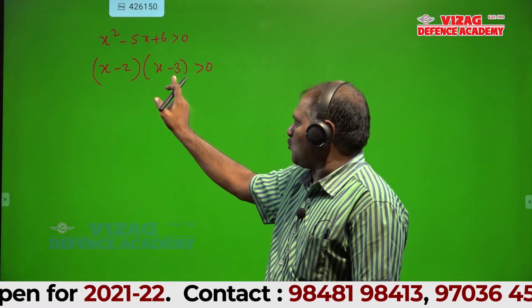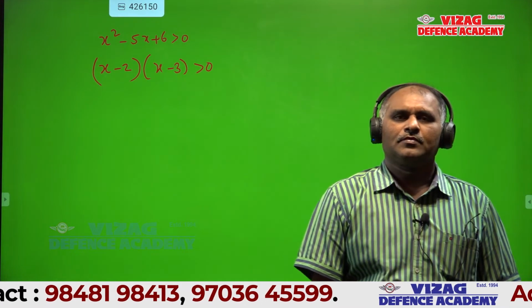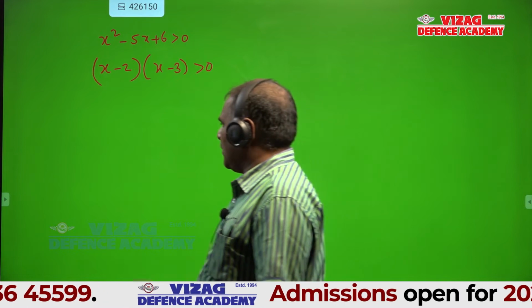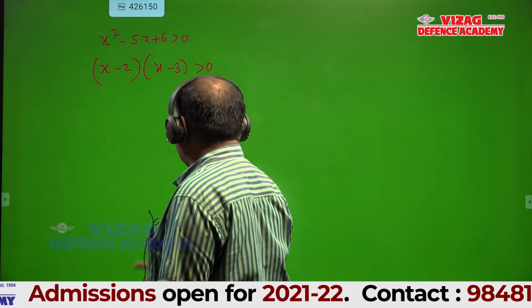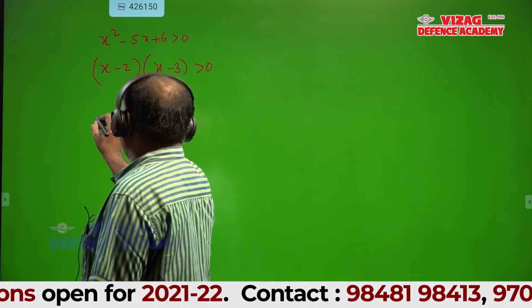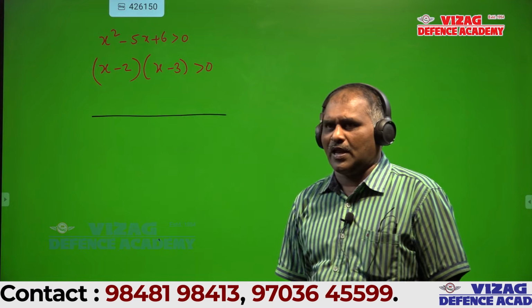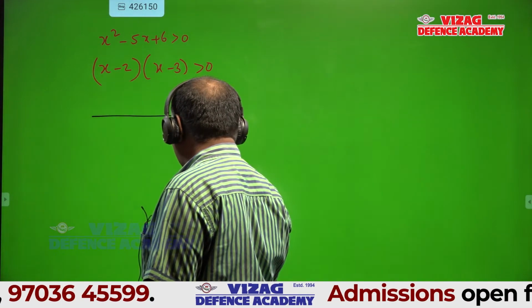Leave the greater than 0 aside; only these are the roots. What are the roots of this equation? 2 and 3. They are indicated on the number line, so listen. The number line goes from minus infinity to plus infinity.